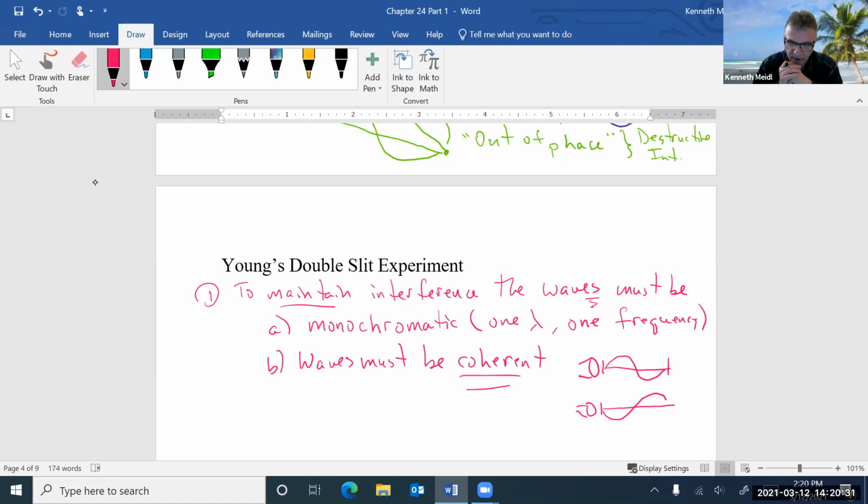But these are the conditions that Thomas Young has to match up with if he wants to show that light might have this property called interference.